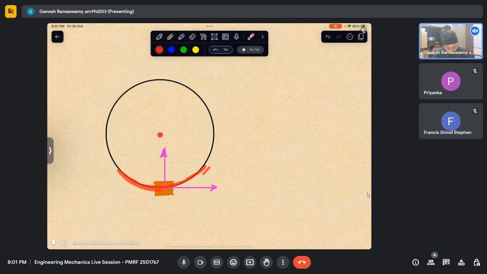So there will be a centripetal acceleration like that and a tangential acceleration which is responsible for speeding this object up. These two components make up a vector which is ARL, which comes into your RFR equation, rotating frame of reference equation. Now what is the question?